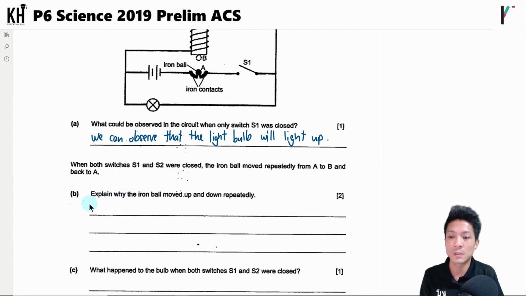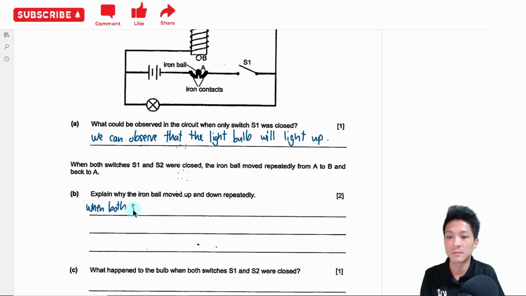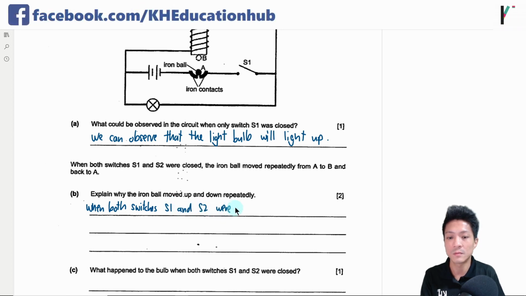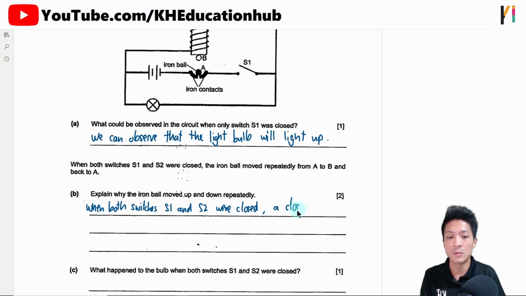Okay, so I'm going to start off with when both switches S1 and S2 were closed, a closed circuit is formed.